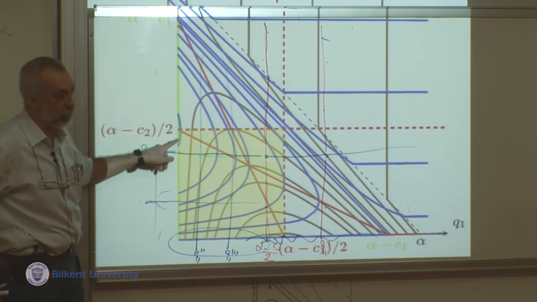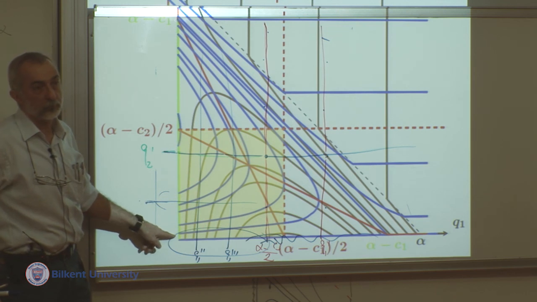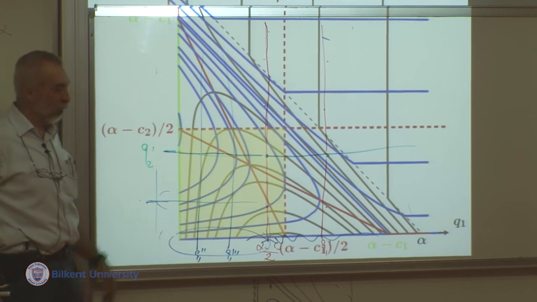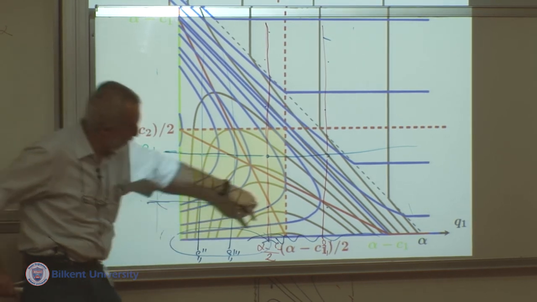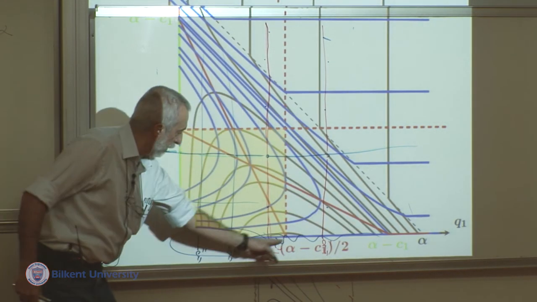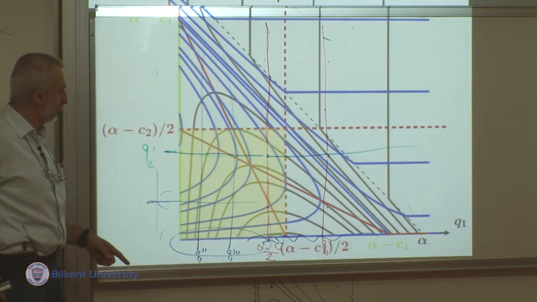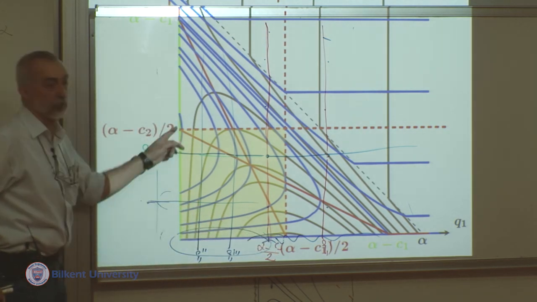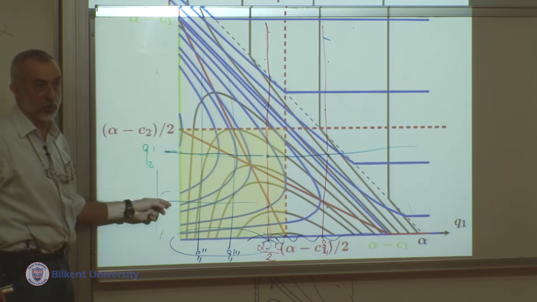And all these strategies of player 2 will be undominated. So if player 1 is rational, he will not play anything in this region. He will play something in this region. If player 2 is rational, he will only play a strategy in this region.